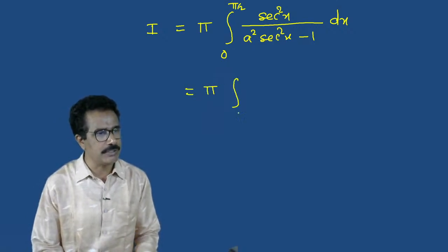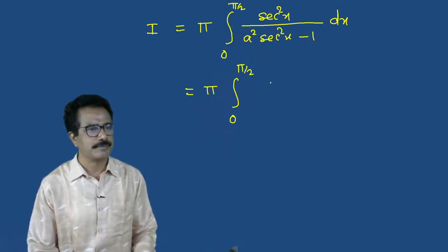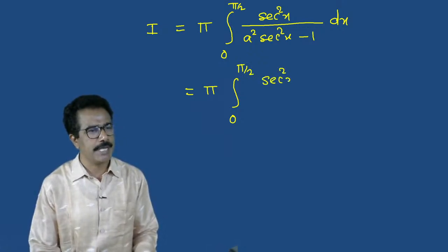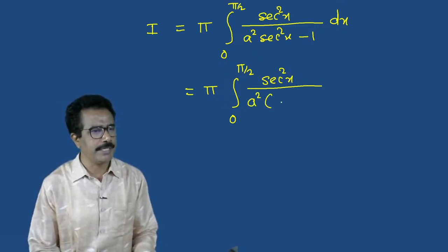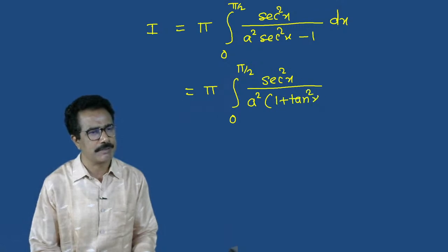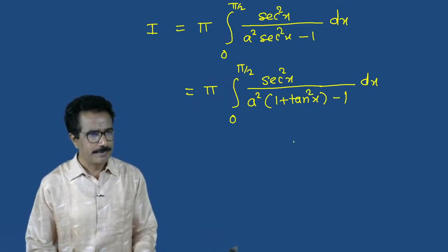So I is equal to the integral from 0 to pi by 2 of sec square x divided by a square in a bracket, sec square x means 1 plus tan square x, minus 1, dx. Is it okay?